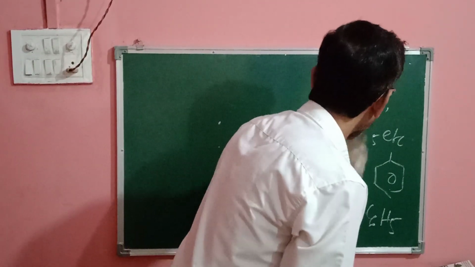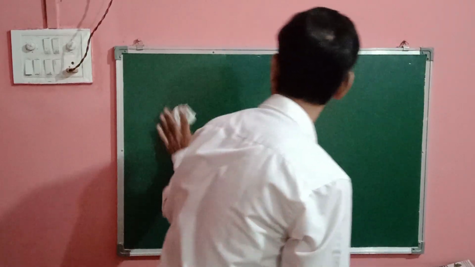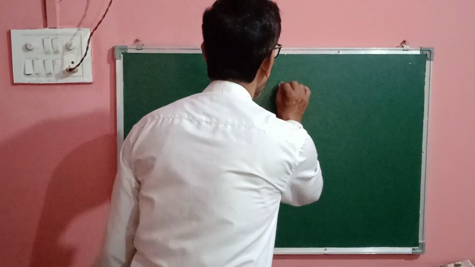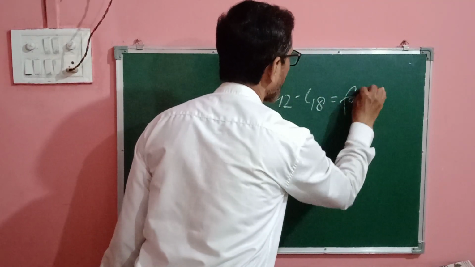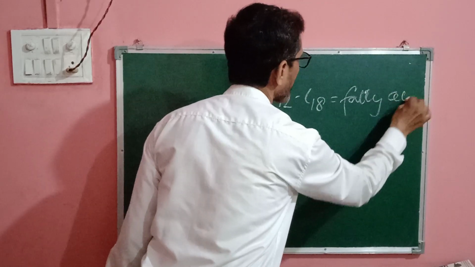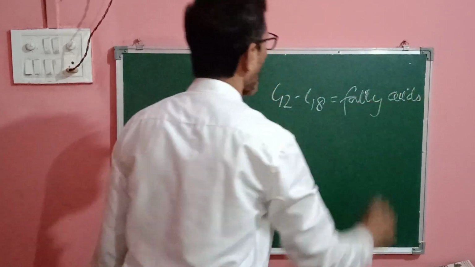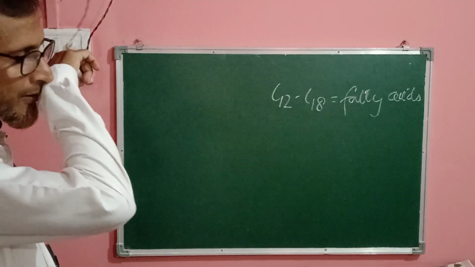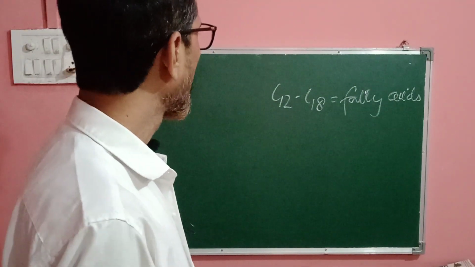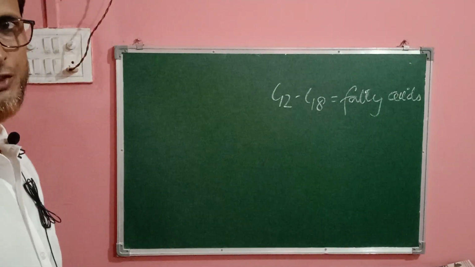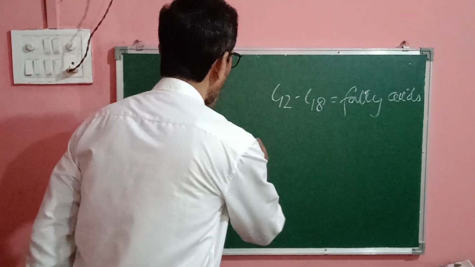Now, in carboxylic acids, the lower members are liquid in general, and the higher members of the order carbon 12 to carbon 18 are called fatty acids. These fatty acids occur in nature in fats in the form of glycerol esters.